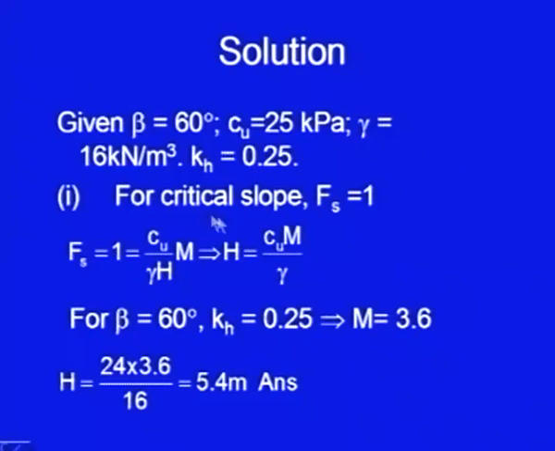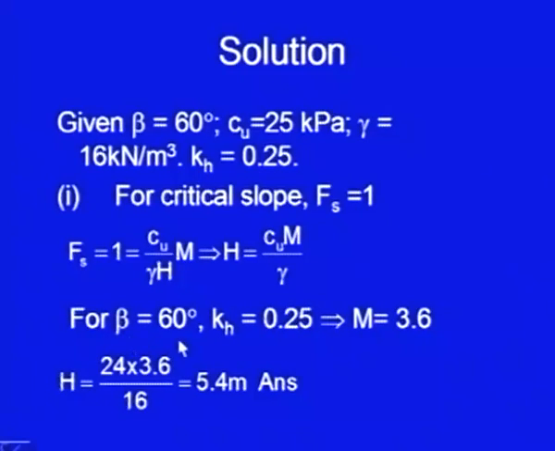For critical slope, Cu will be equal to Cm, factor of safety is 1. So, Fs is equal to, the equation is Cu upon gamma h into m. So, h becomes Cu into m divided by gamma.